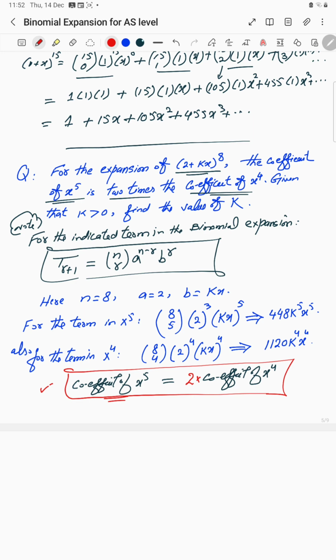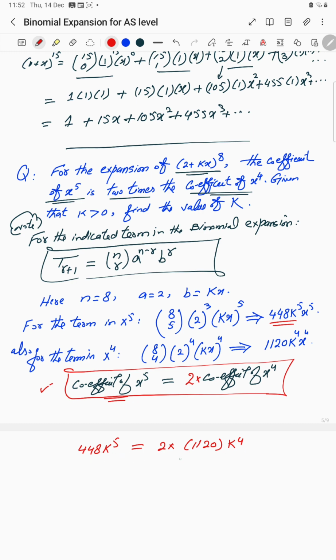So here, guys, I'm going to write the coefficient of x^5 is 448 k^5, which is equal to 2 times 1120 k^4, the coefficient of x^4.